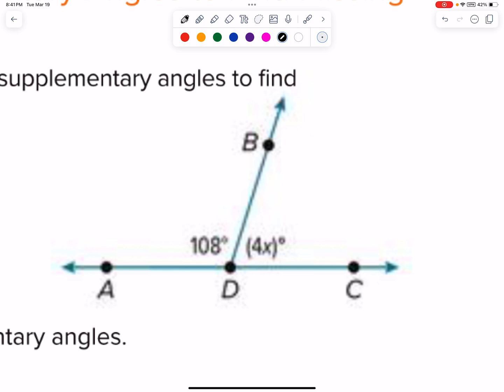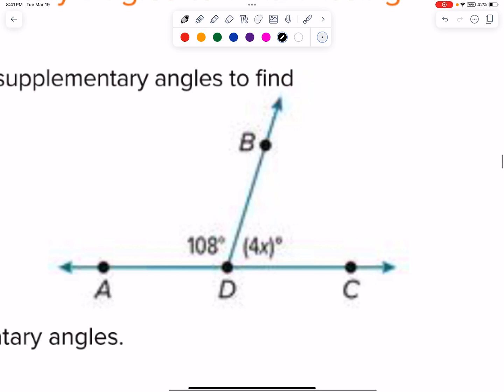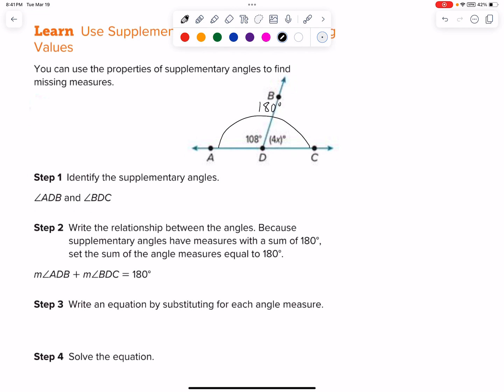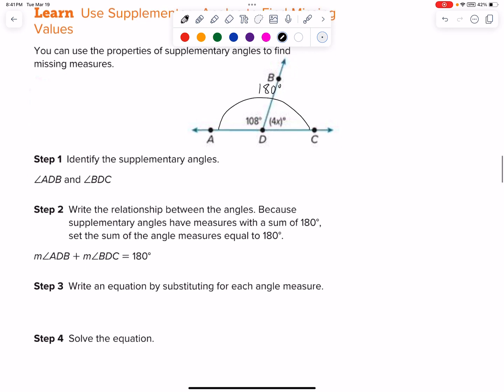Well, these are adjacent, but they happen to be adjacents that are supplementary because they form this 180 degree angle if you combine the two. So let's create your equation, combine the two, and solve for x. We'll do that down below here so it matches where it's talking about all this.